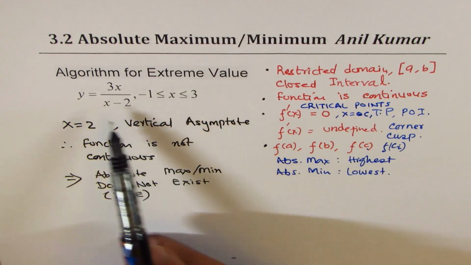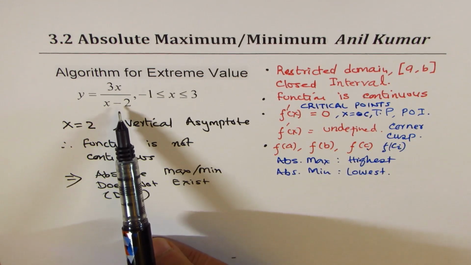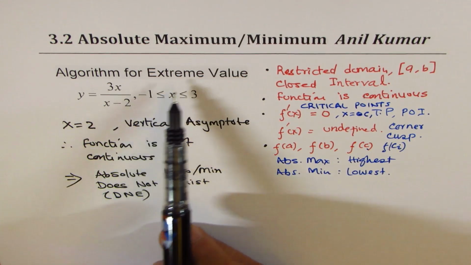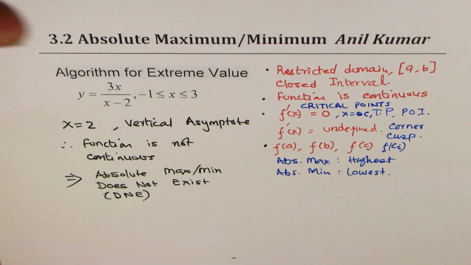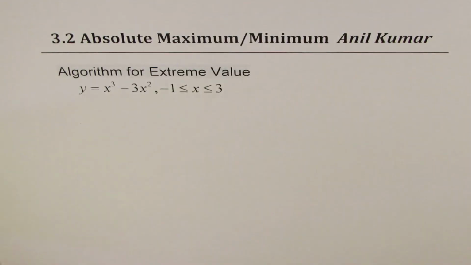From -1 to 3, in between comes x equals 2, and at that point the function is discontinuous, and therefore there will not be any absolute maximum or minimum value. That is how you're going to check it, and at times you may be asked to reason it out. Why? I think the reason is very clear, right? Let's move on and take more examples.